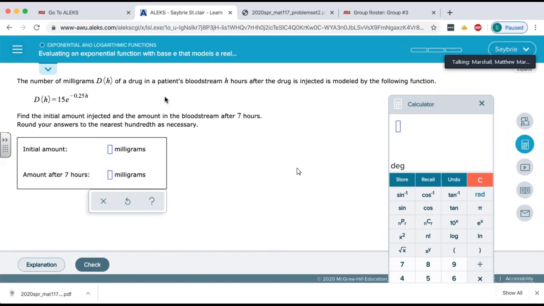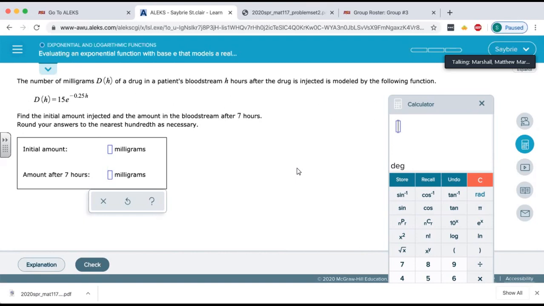So your first one is going to be when you plug in H is 0, which is just going to give you negative 0.25 times 0, which is 0, which gives you e to the 0 power, which is 1.